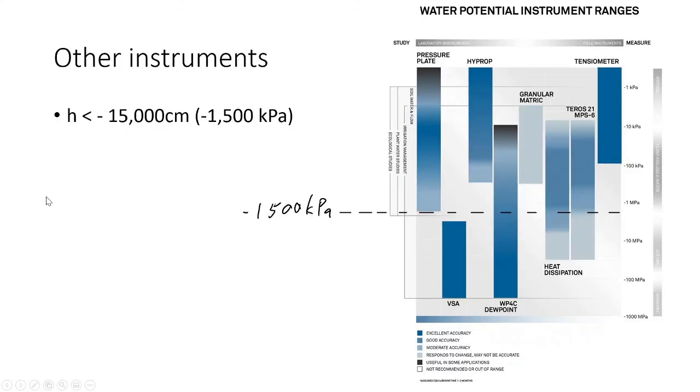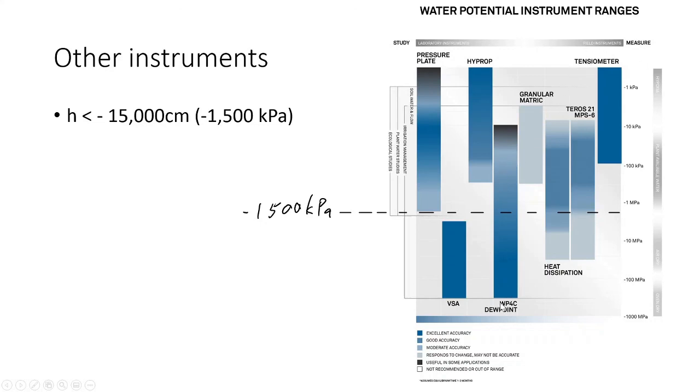Okay, just now I talked to you about the hanging water column and also the pressure plate. The hanging water column can measure the pressure up to minus 10 kilopascal, and the rest of the pressure up to negative 1500 kilopascal you can measure by using the pressure plate. Apart from the hanging water column and pressure plate, there are also other methods, for example Hyprop, Teros 21, MPS 6, and the tensiometer. The tensiometer is quite accurate.